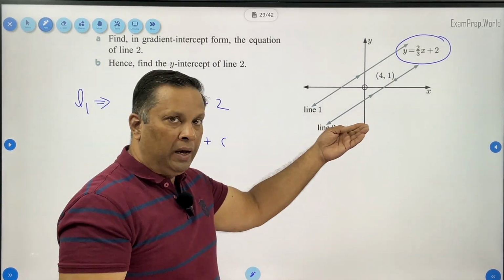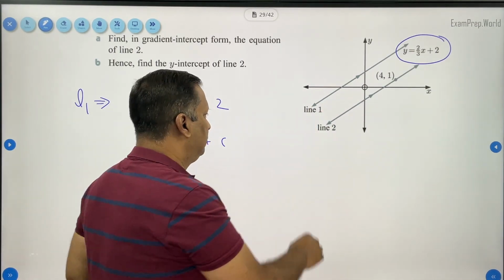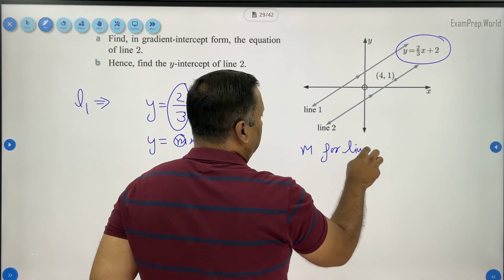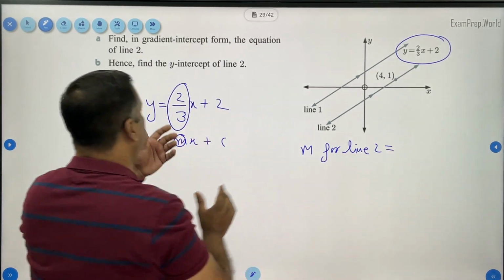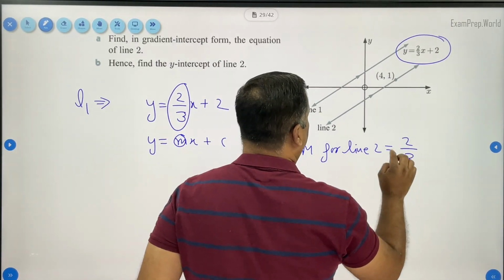Now line 2 is parallel to line 1. So what will be the gradient of line 2? M for line 2 will also be the same, because the two lines are parallel. So it is 2 by 3.